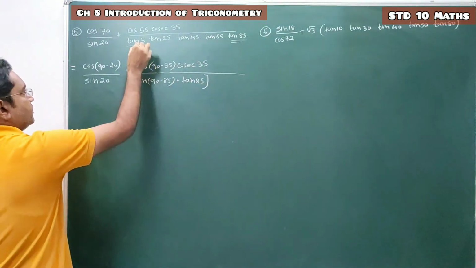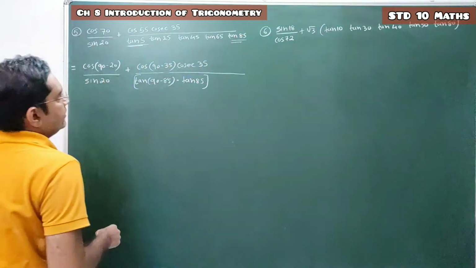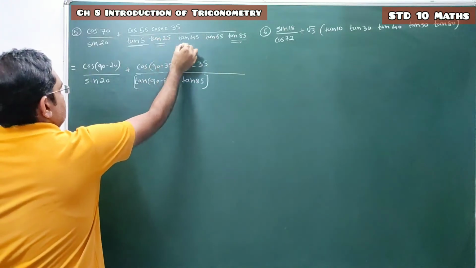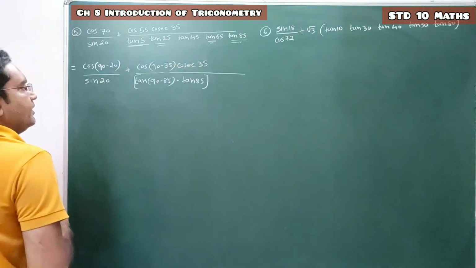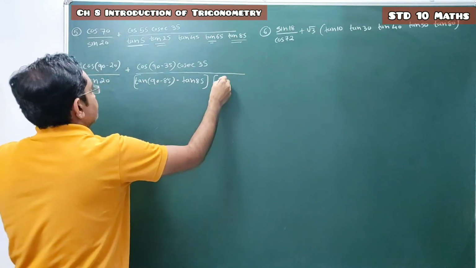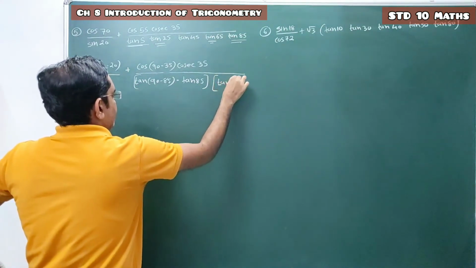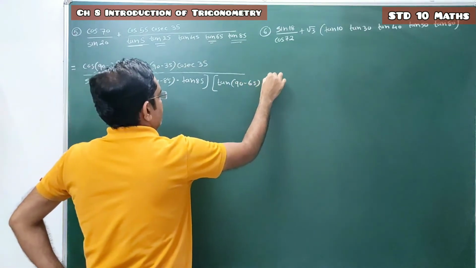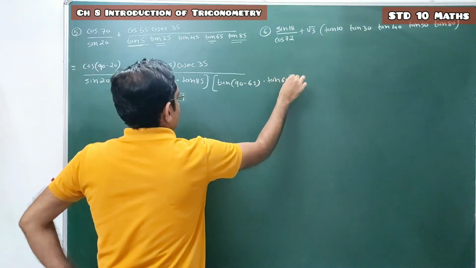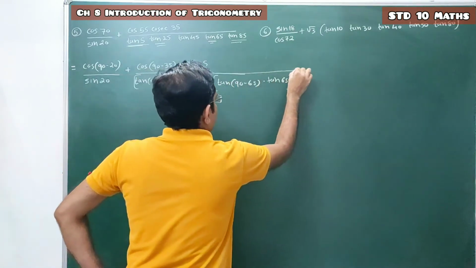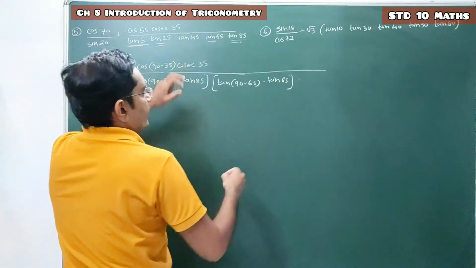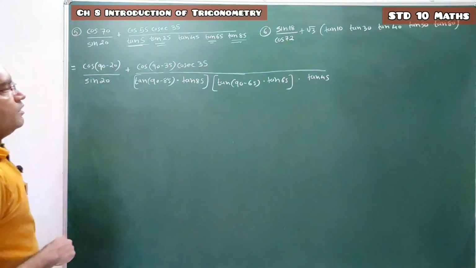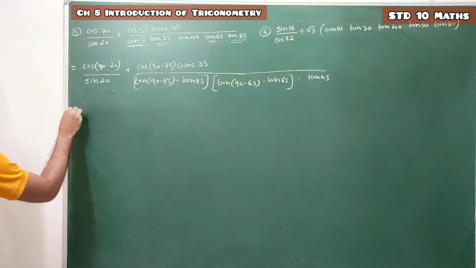Taking the pair of these two ratios, tan 25 and tan 65. So tan 25 is tan (90 minus 65) into tan 65, and extend this a little further, into tan 45 as it is. Done. Now put the values.